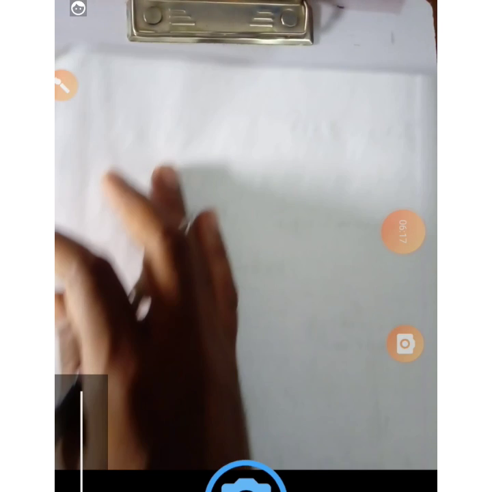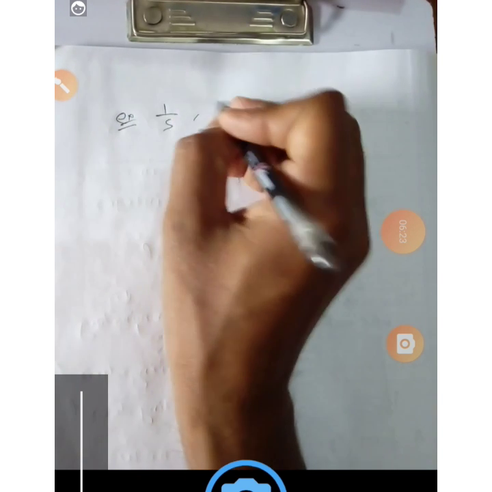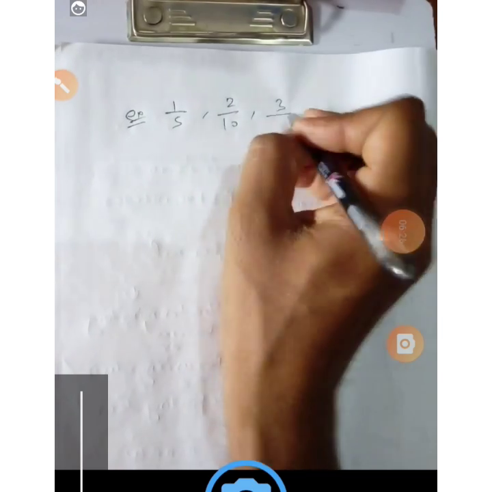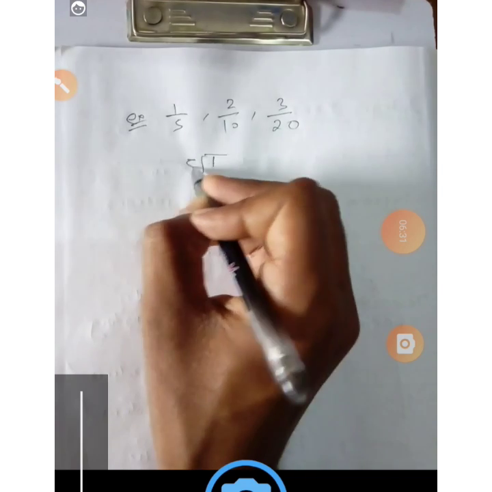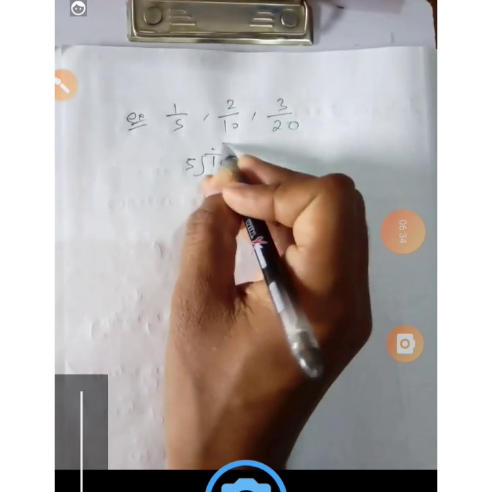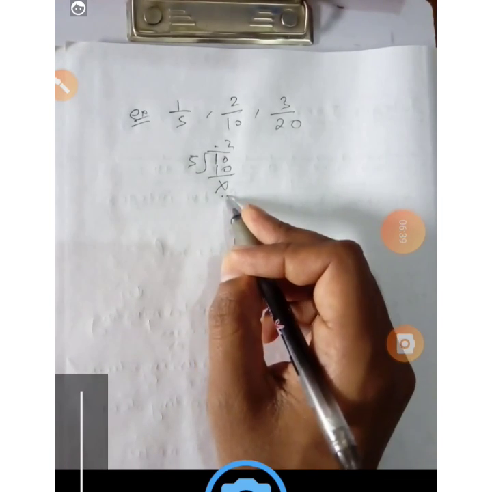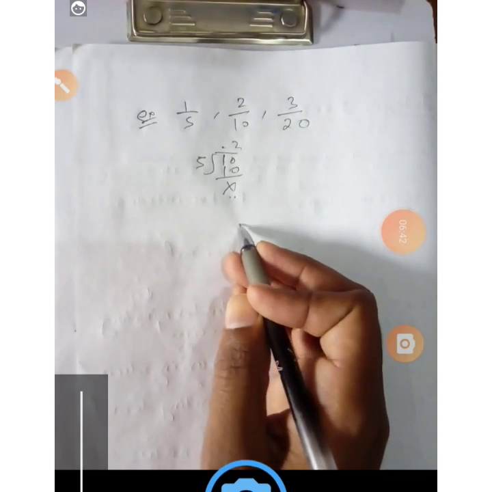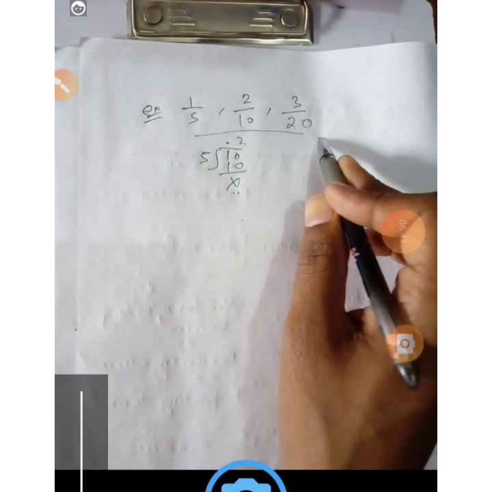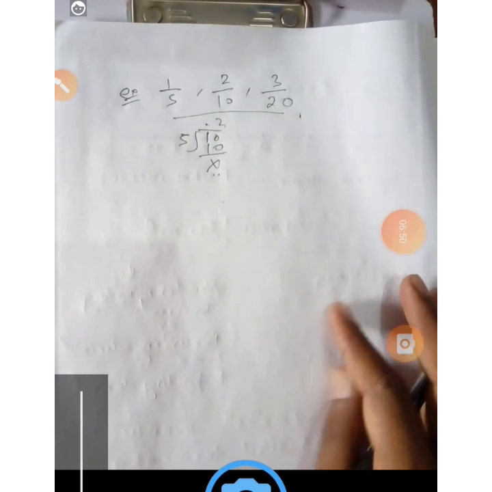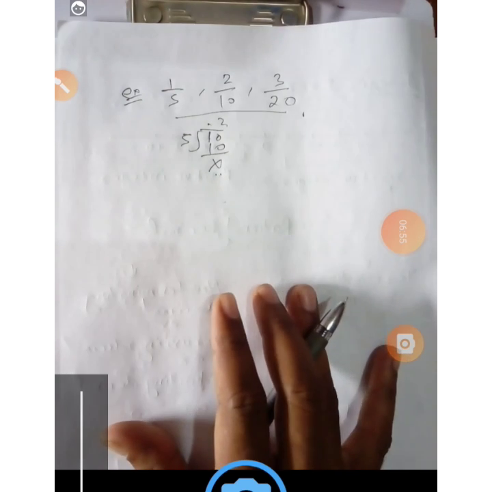For example, we take 1 by 5, 2 by 10, 3 by 20. If 1 is divided by 5, the decimal is 0.2, and it comes to an end, the remainder becomes 0. So this is called a terminating decimal, and its denominator is a factor of 2 and 5 only.